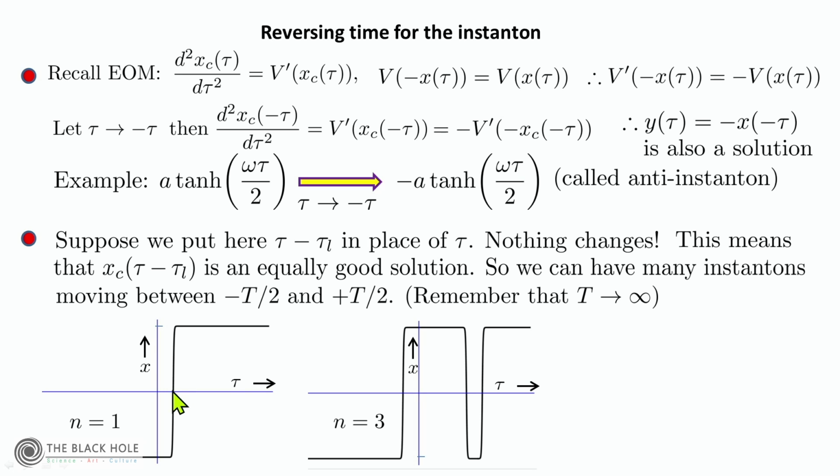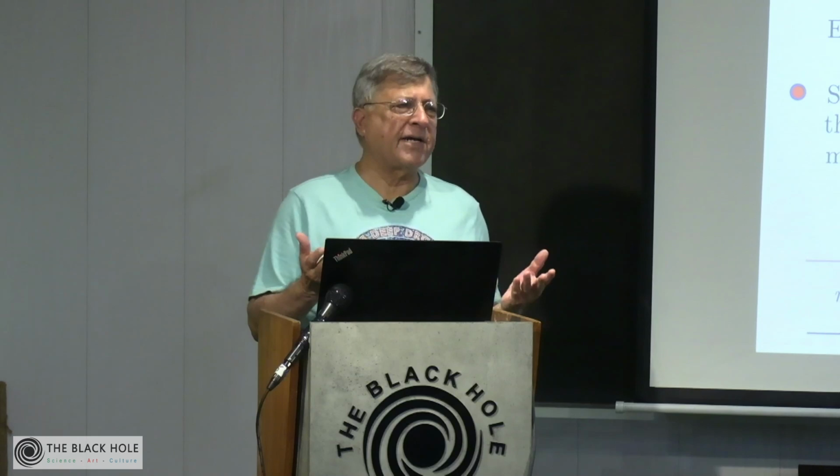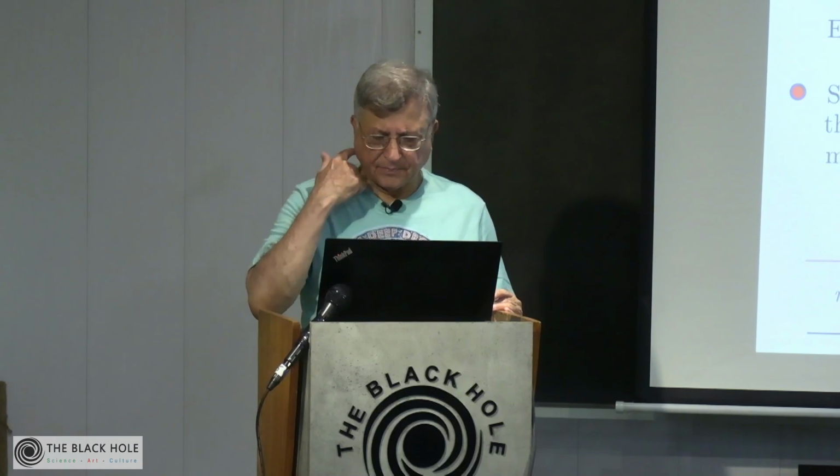Once over here, 1, 2, 3 over here, and here 1, 2, 3, 4, 5. One instanton, two instantons, 5 instantons. When I say instantons, I mean I include the anti-instantons as well.